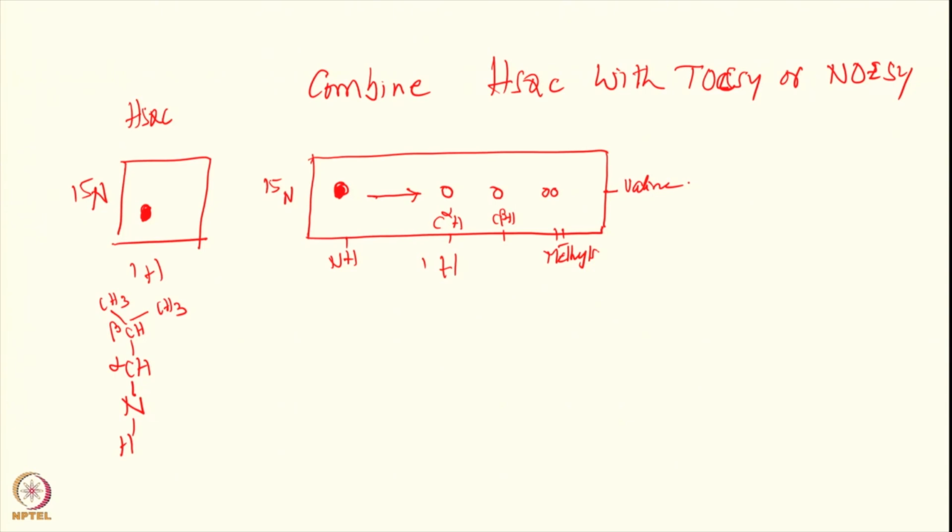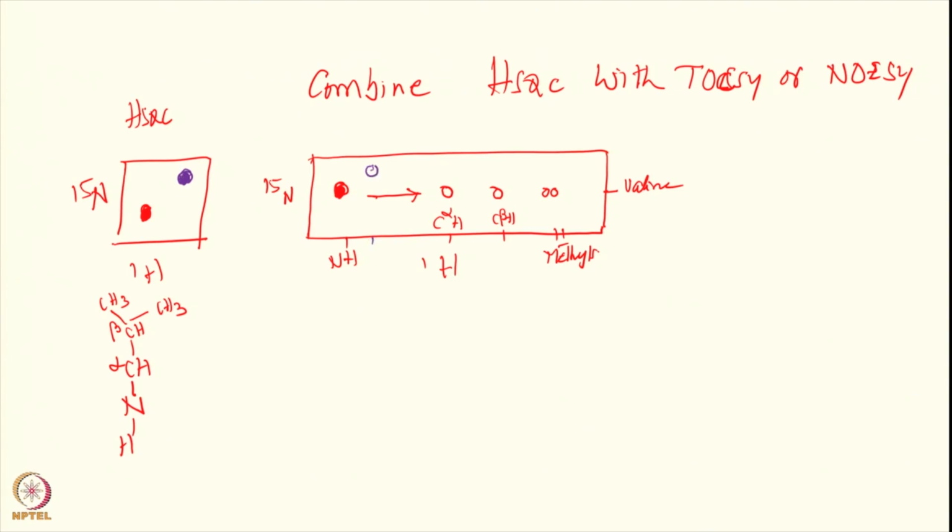Suppose I have the glycine, now let me use a different color for that. Suppose I have a glycine here, which is usually on the top of the HSQC spectrum, and this is at a different NH chemical shift, and let us say now that NH chemical shift is here.